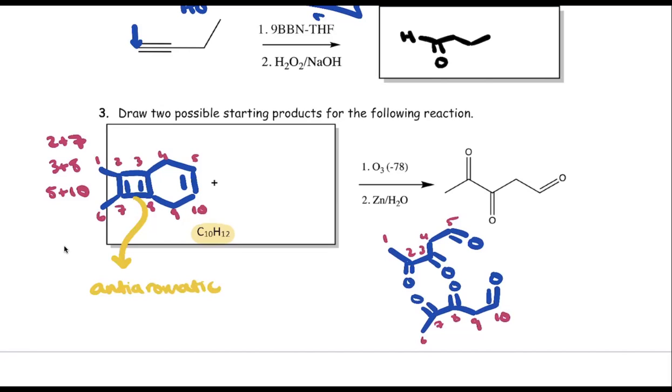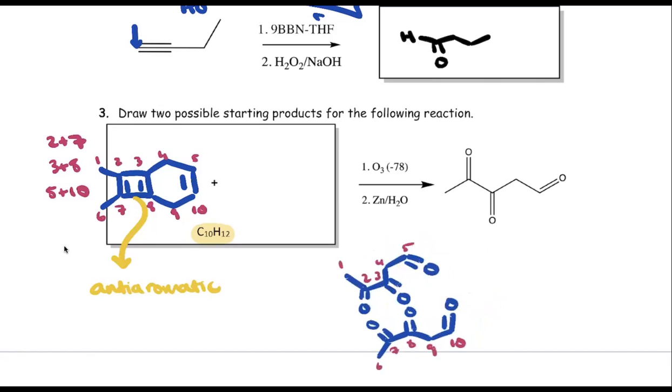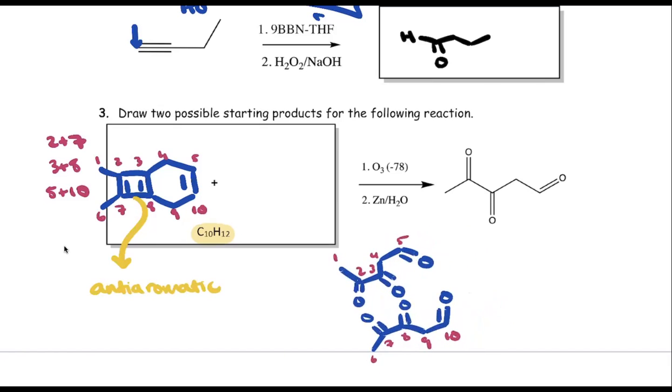Okay, maybe another possibility is, and again, there are many possibilities. I'm just going to draw out 2 here because of time, but as long as you have the right number of carbons and you check that it's correct, you're good to go. You see that you can put these 2 together. So let me do the same numbering that I did earlier. 1, 2, 3, 4, 5.